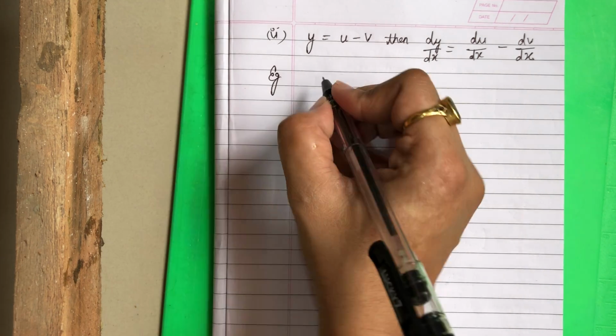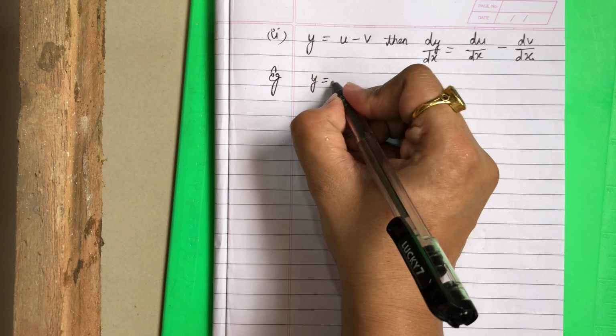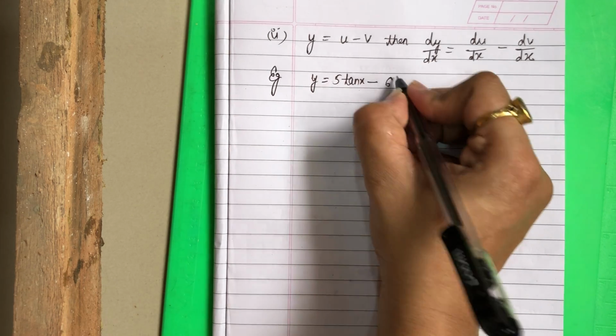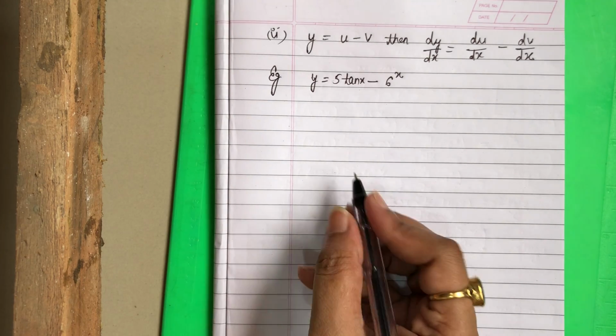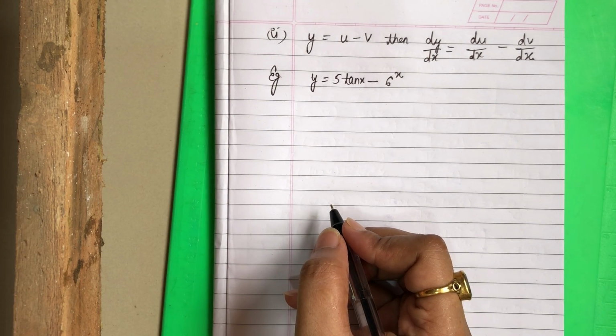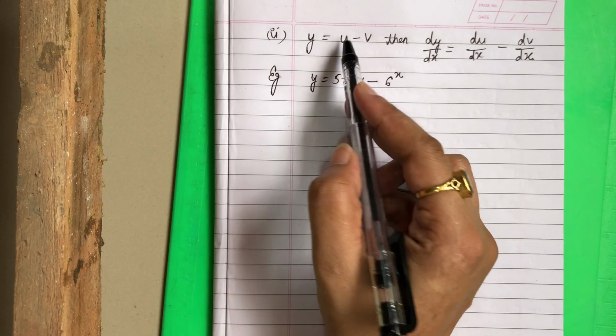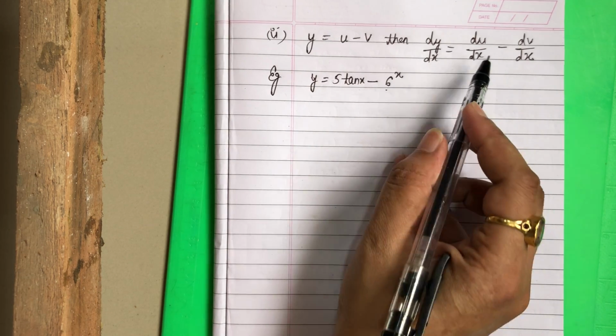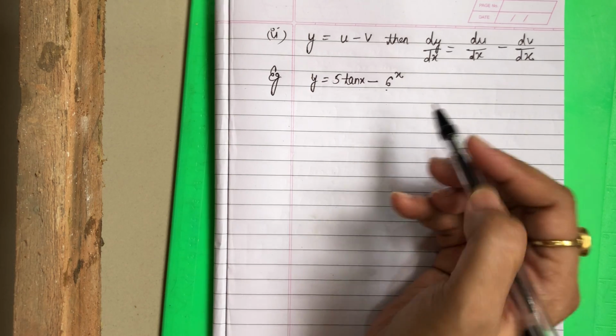So take an example, y is equal to 5 tan x minus 6 raised to the power x. Suppose this question is given to you. So we can see this is in the form of u minus v. So we can use this rule directly here.